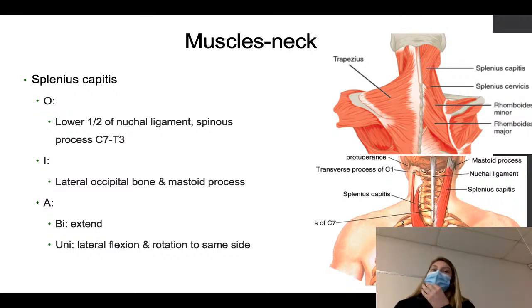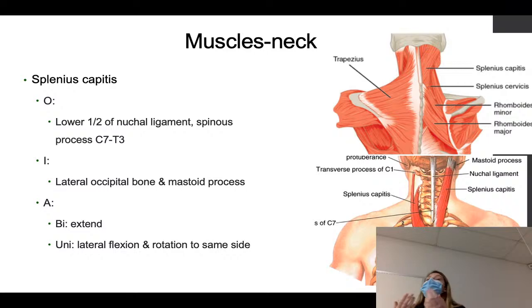So now you can probably see why, if your neck is really tight, you get a headache, because so many of your neck muscles attach to various points on your head. When those get tight, it pulls on your head and gives you a headache. The splenius capitis, bilaterally, is going to extend the neck.